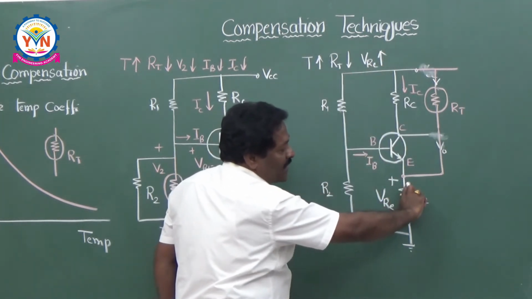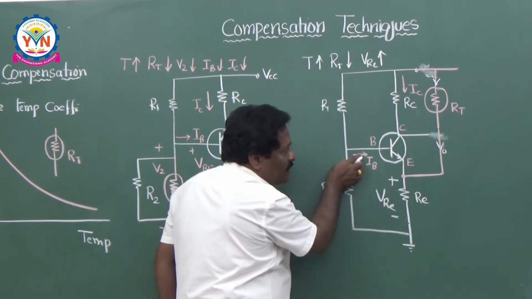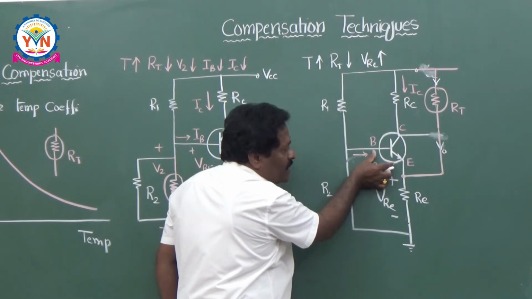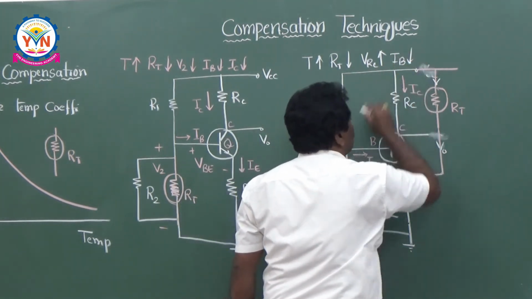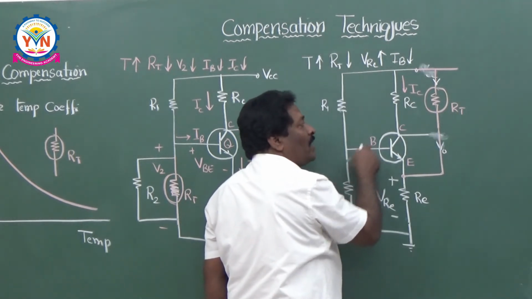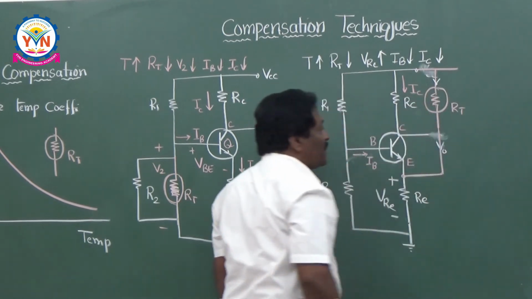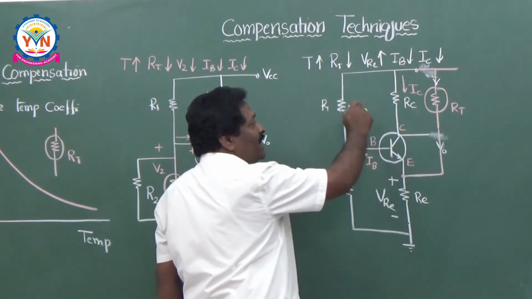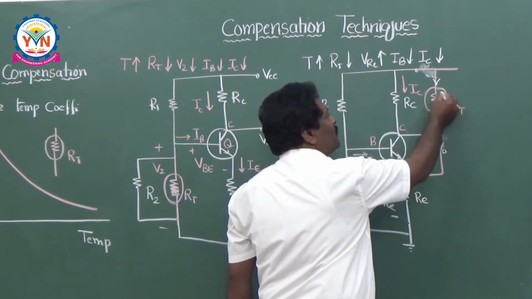That means the voltage across this resistance RE is reverse biasing this input junction. Then automatically the forward biasing decreases, then IB decreases. If input current decreases, output current will automatically decrease. That means the rise of IC with temperature can be compensated by the thermistor property.